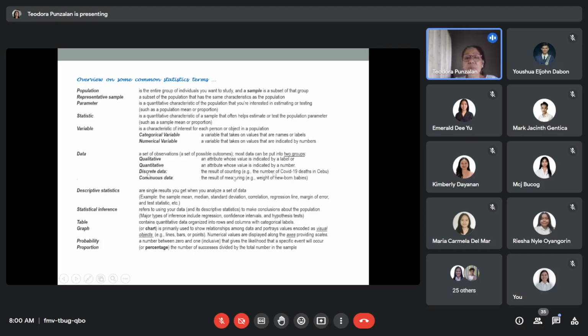That's why you have whole numbers. Examples: deaths, cases, cars, houses. Continuous data has decimals. So aside from the whole part, there is the decimal part to the right of the decimal point.